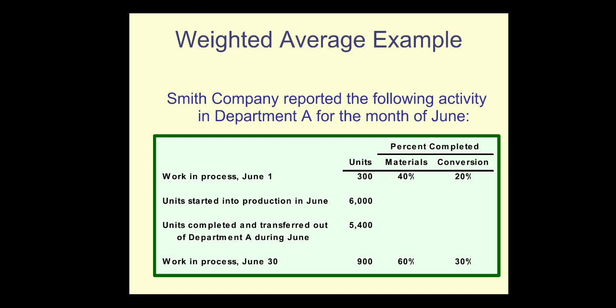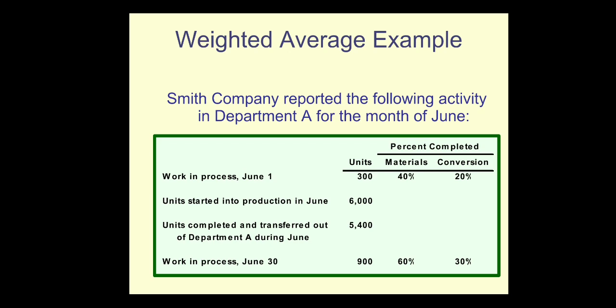Remember I told you earlier, in process costing, the cost of production equals direct material cost plus direct labor cost plus manufacturing overhead cost. But to make it simple, the direct labor cost plus manufacturing overhead cost is combined together and known as conversion cost.